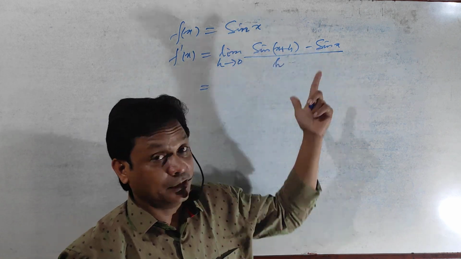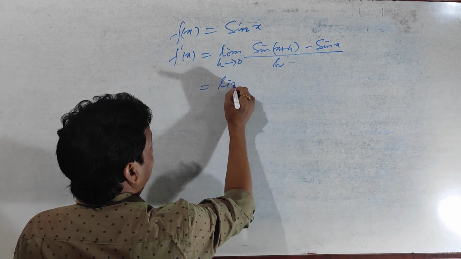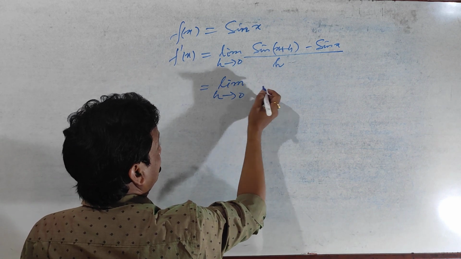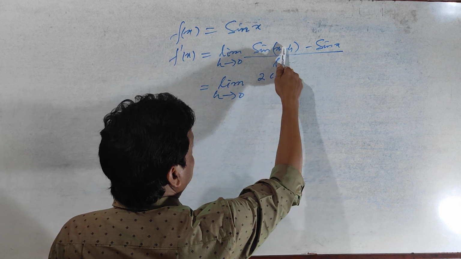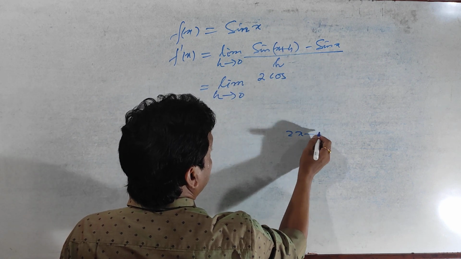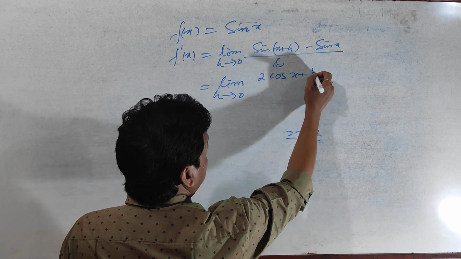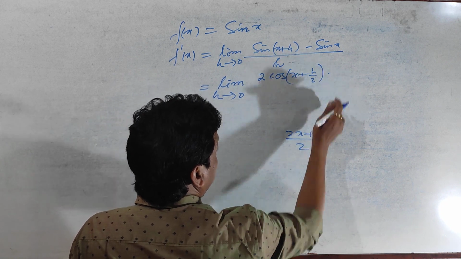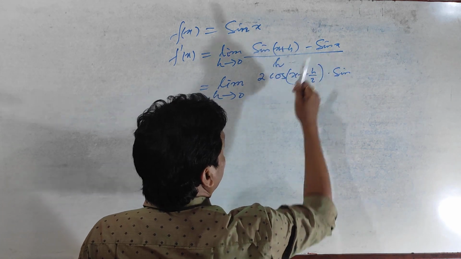I have given this particular question: sin c minus sin d. Put sin c minus sin d, you will get the answer. Limit h tends to 0, it will be 2 cos of (c plus d) by 2, which is 2 cos of (2x plus h) by 2, that means x plus h by 2, into sin of (c minus d) by 2.